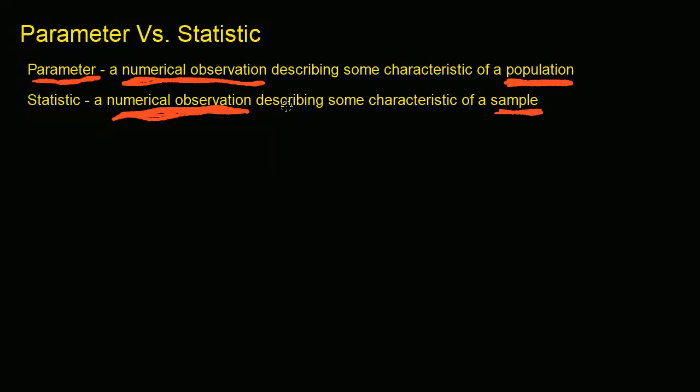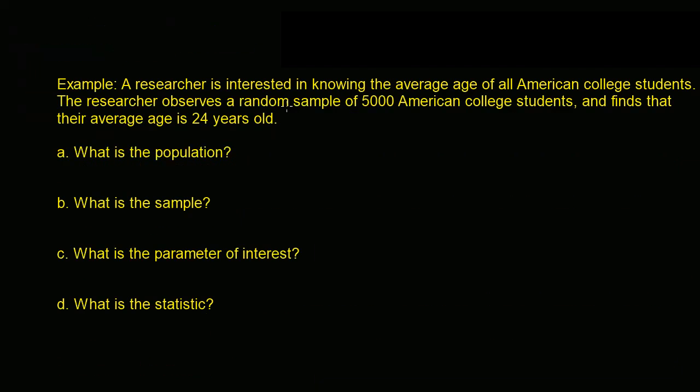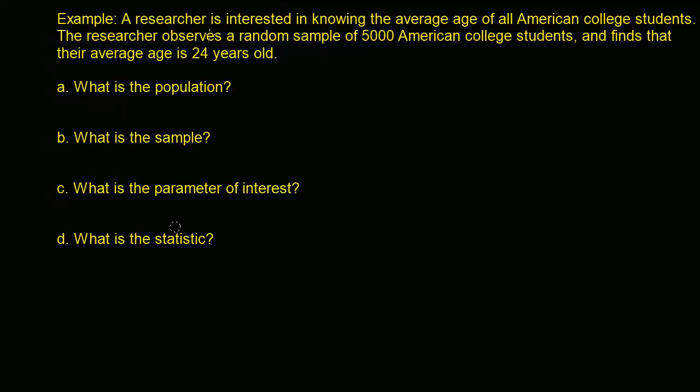All right, so let's go ahead and now do an example. So say we have a researcher that is interested in knowing the average age of all American college students, right? However, the researcher doesn't have the resources or time and energy to sample every single American college student, which, by the way, if they went out and got every American college student, that would be conducting a census, right?